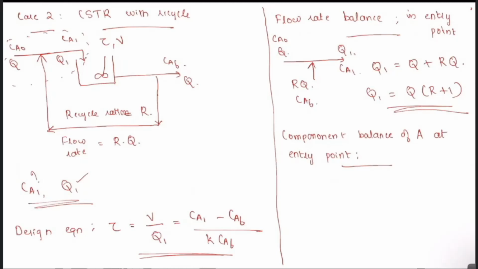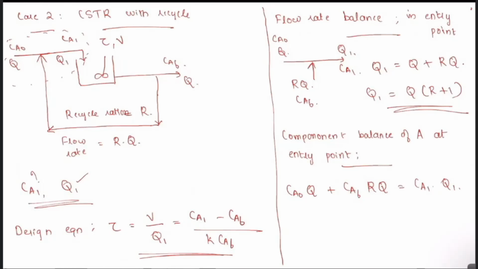So if we write the component balance, Ca0 into Q plus CAF into RQ is equal to CA1 into Q1. So basically this is just in minus out is equal to 0 kind of balance.